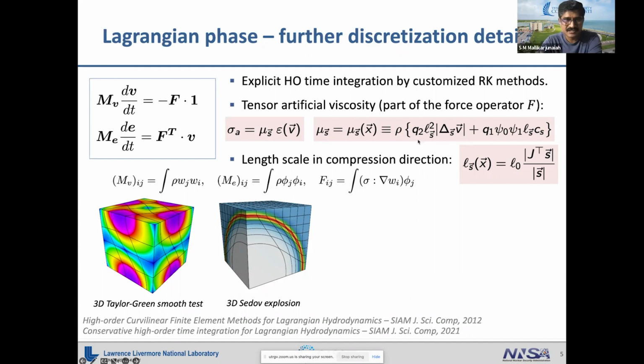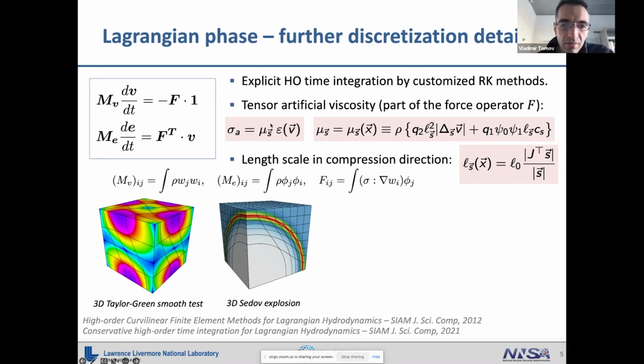So this term is not discretized in the PDE. In the sense that it was not part of the PDE system. Yes, this term is not part of the continuous system. It's not physical.